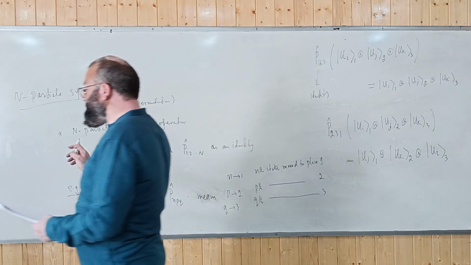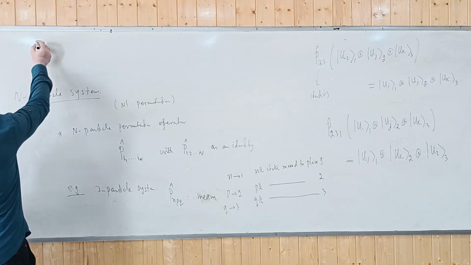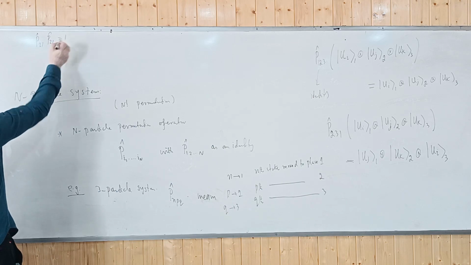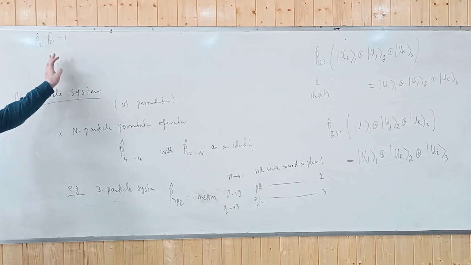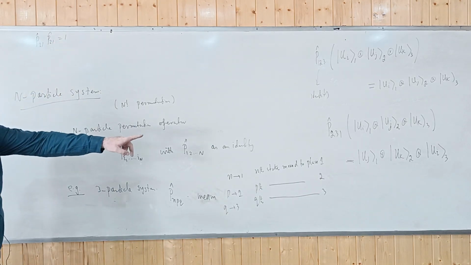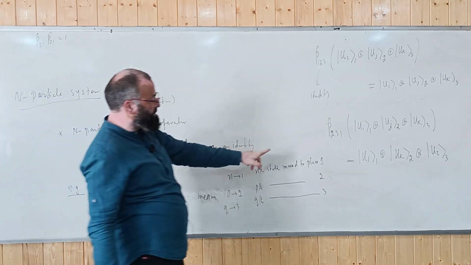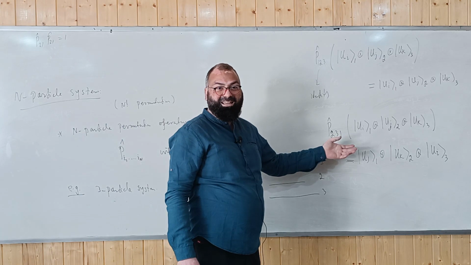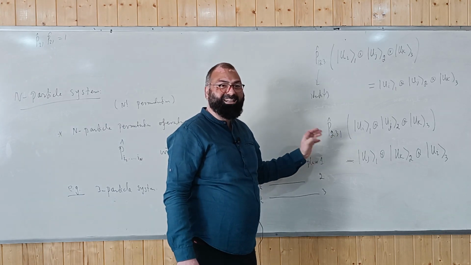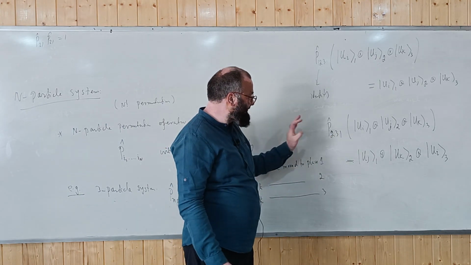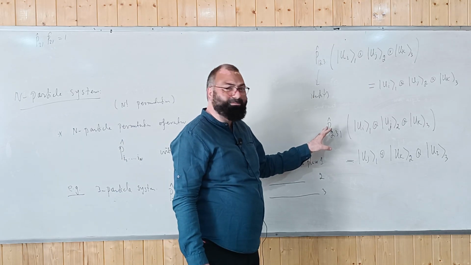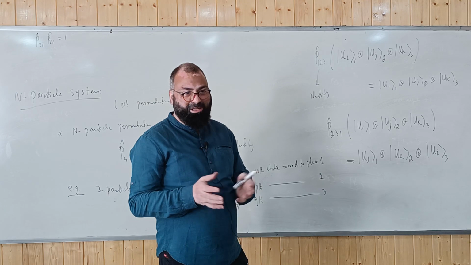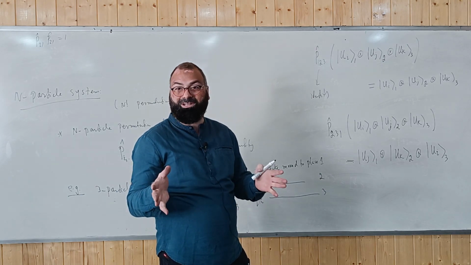If you remember, we had this kind of thing: P21 for a 2 particle system, P21 squared is equal to identity. But here it's not so. You cannot multiply P231 with itself and get an identity. There is a reason. It's a bigger kind of thing. Now tell me, if I am having a 3 particle system, how many possible permutations can I have? 3 factorial, that means 6 possible permutations.